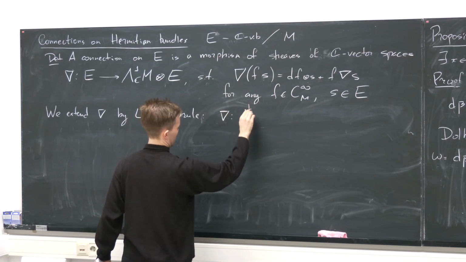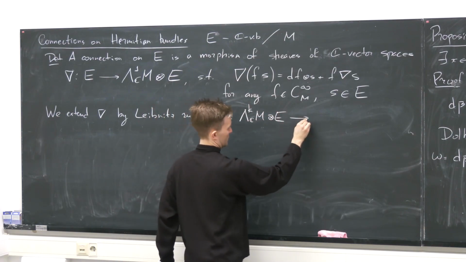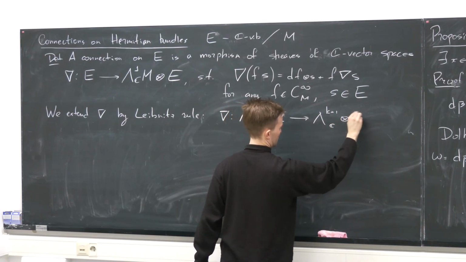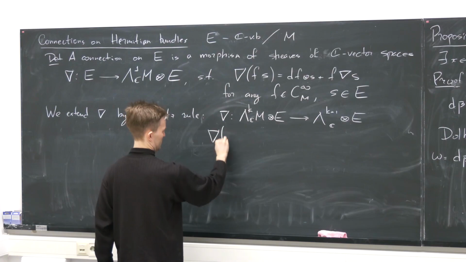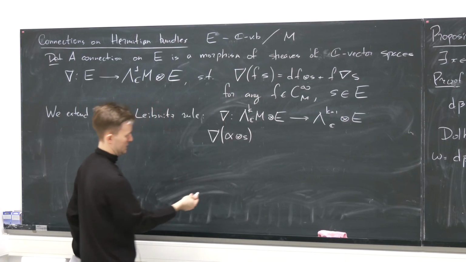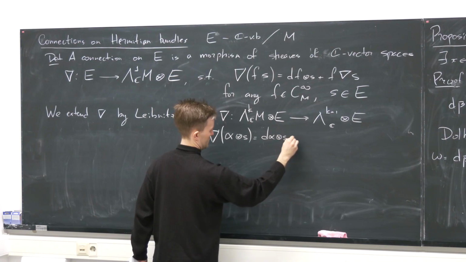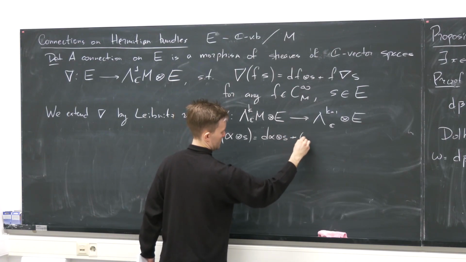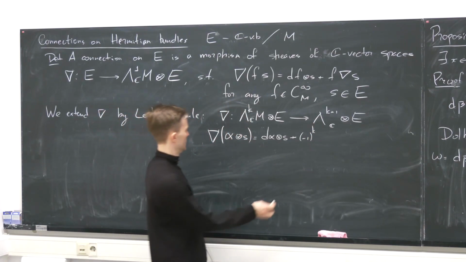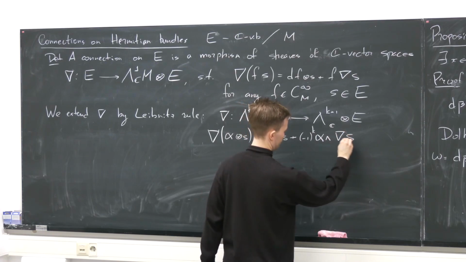It will go from lambda k tensor E to lambda k plus 1 tensor E. And the rule is that if I have a k form tensor some section, this will be d alpha tensor s plus the sign minus 1 to the k, alpha, and here I take the wedge product with nabla s.